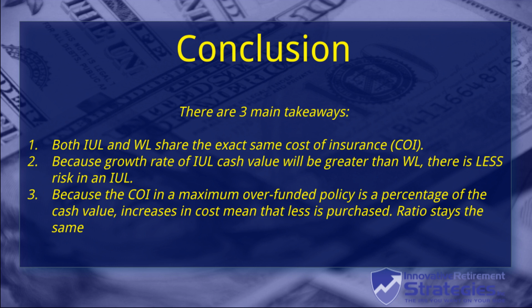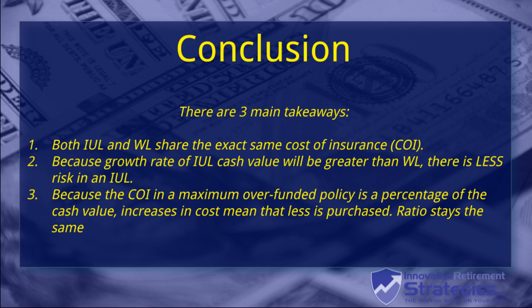But taking it one step further, because the cash value of an indexed universal life will grow at a higher rate than the cash value growth in a similarly designed whole life, there will be less amount at risk in an IUL compared to a similarly designed whole life. So there's actually less risk in an IUL.